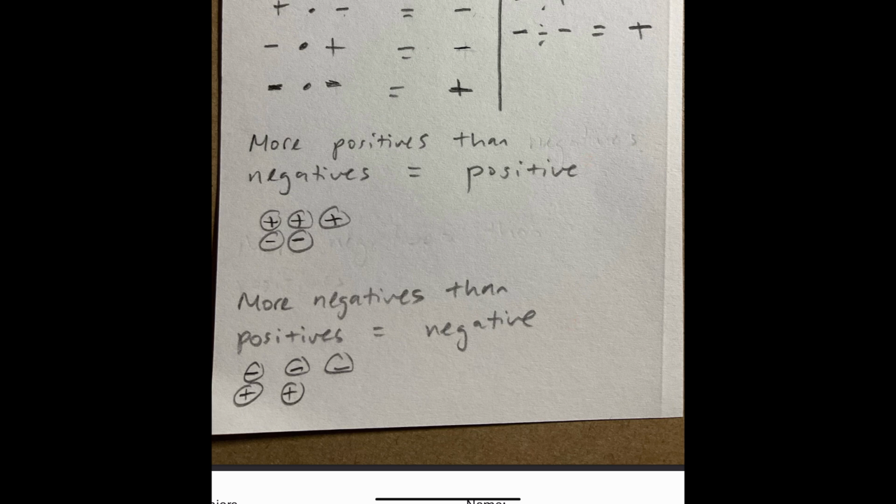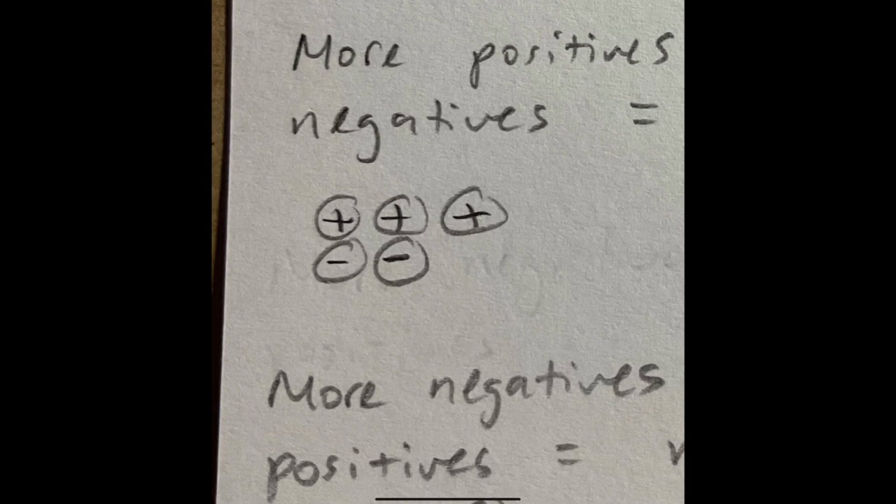Okay, so let's take a look at these two rules. We have two more to go. More positives than negatives. So whenever you're adding, right, and you have more positives than negatives, the answer is going to be positive. If we look over here, we all know that a positive and a negative will cancel each other out, right? So this positive and negative, as they get added together, they will both go away.